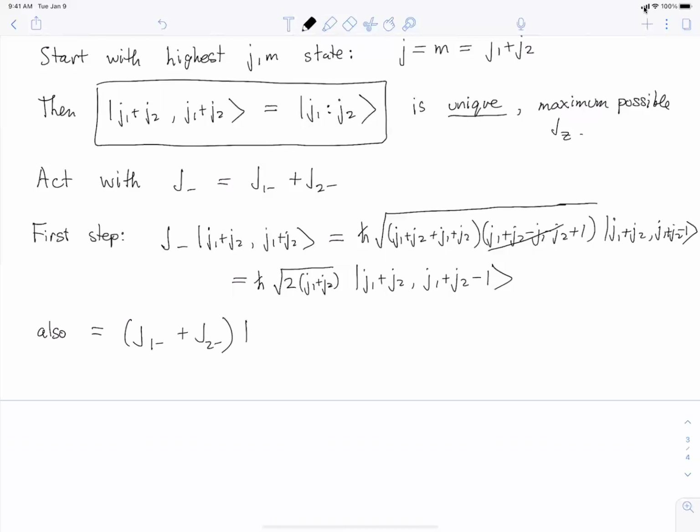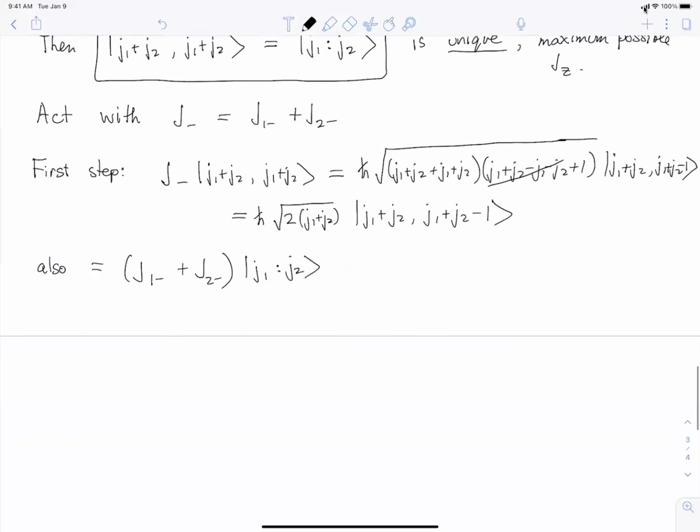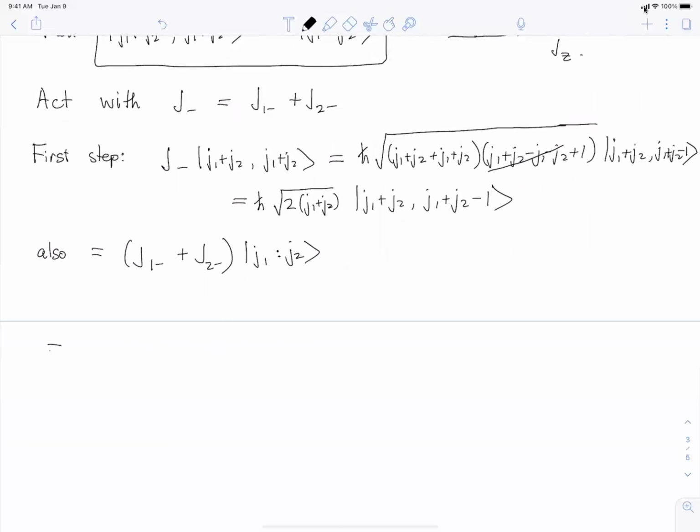And now we write this version of the state that we started with in the product basis. So now we have to do those individually. There's an h bar times, again, a square root, which in this case is going to be J1 times (J1 + J1 - 1), J1 minus 1, J2. So we've lowered the M1 value by 1.